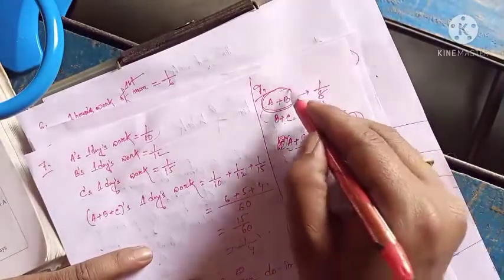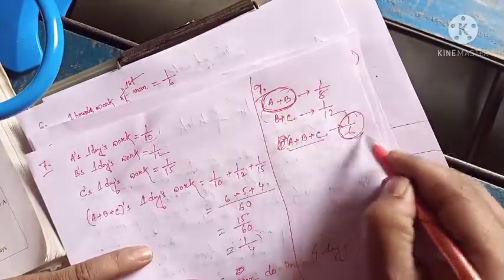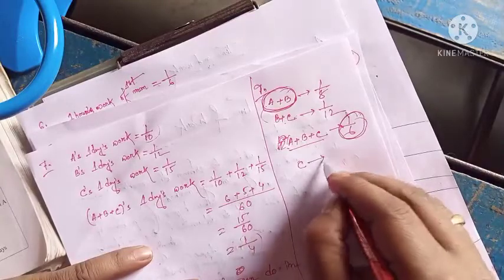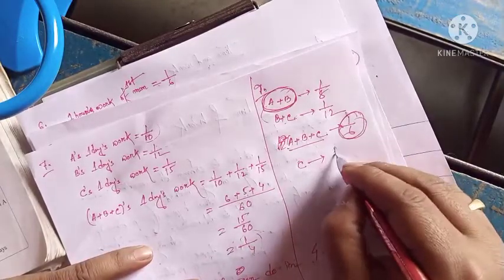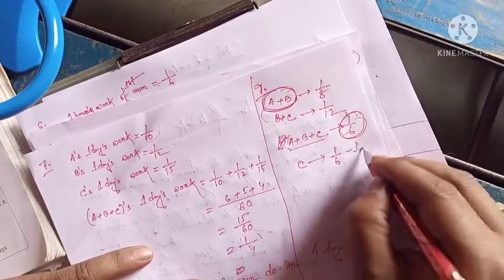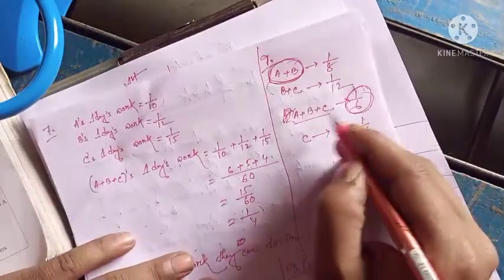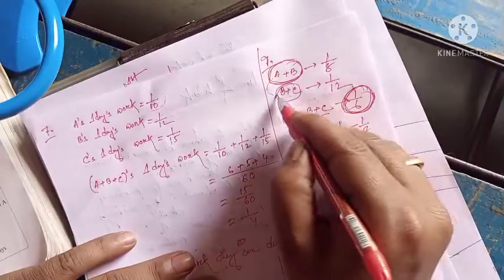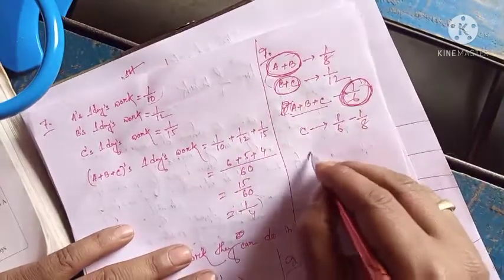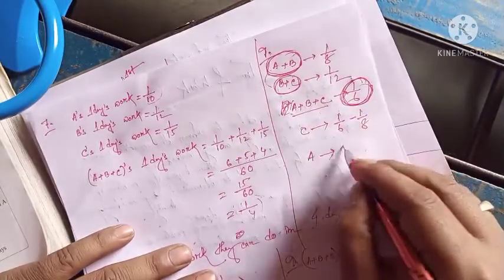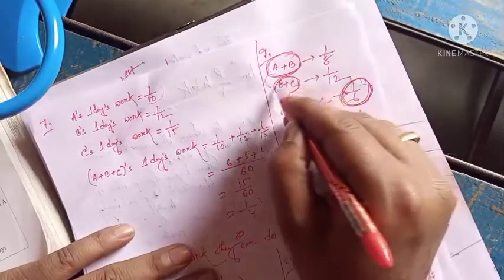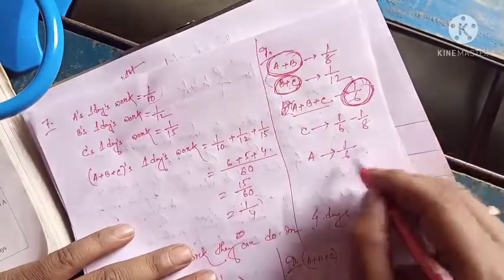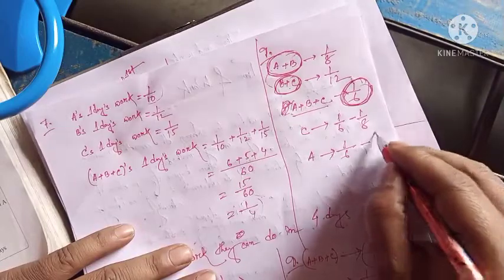If we subtract A and B's work from the total work, then C's 1 day's work is 1 by 6 minus 1 by 8. And if we subtract B plus C's work from the total work, then A's work is left, so 1 by 12.